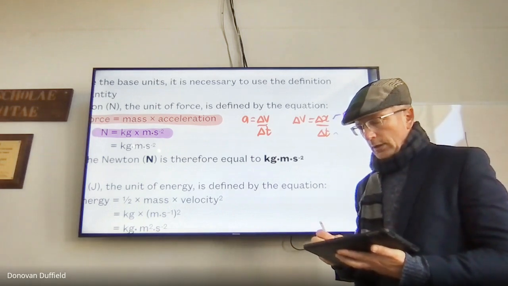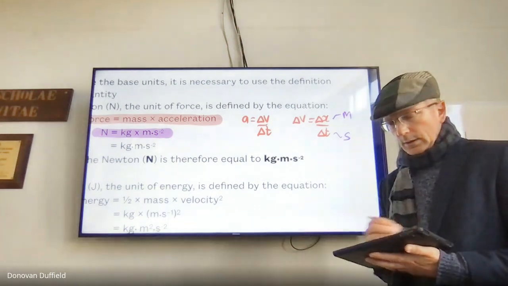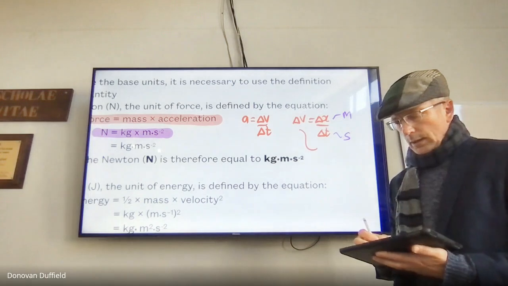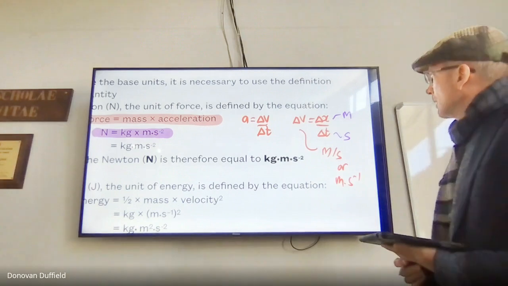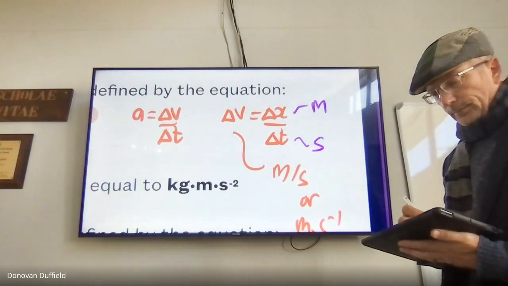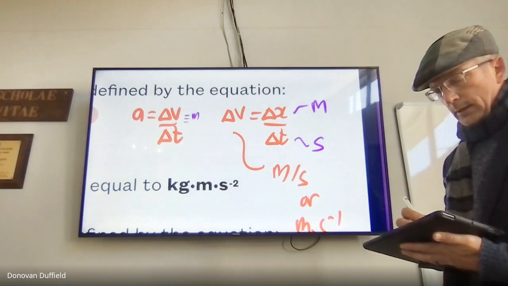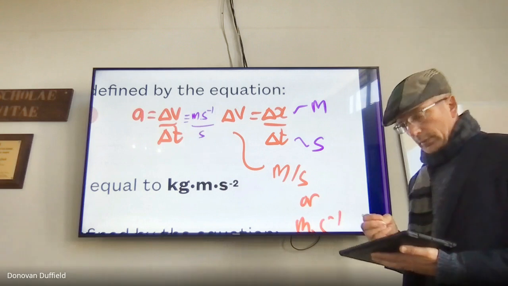The change in time is the unit of time, which is seconds. So for velocity, we're working in meters per second, or meters times second to the minus 1, which means that when we come to acceleration, we are working with meters per second to the minus 1 over second.